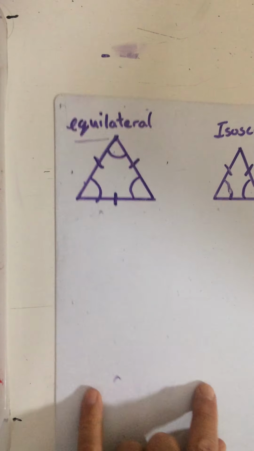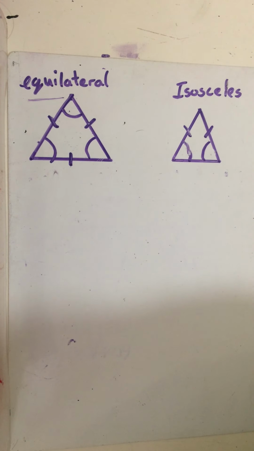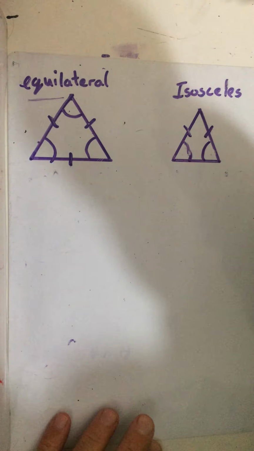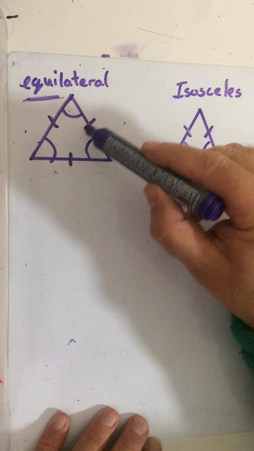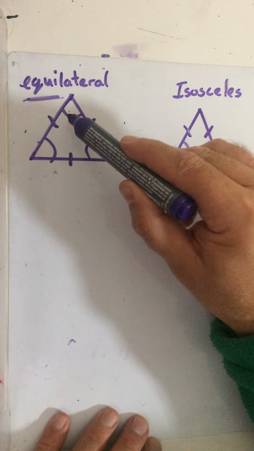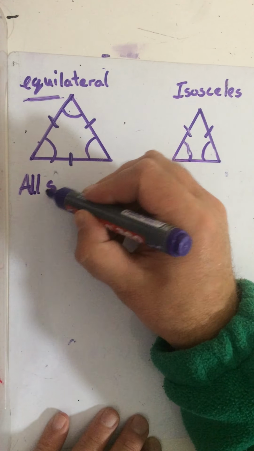Right, to start off, before we go finding the angles, just a quick reminder, please, about equilateral and isosceles triangles. Equilateral triangles, as the name suggests, everything is equal. So all the sides will be the same and all the angles are the same.